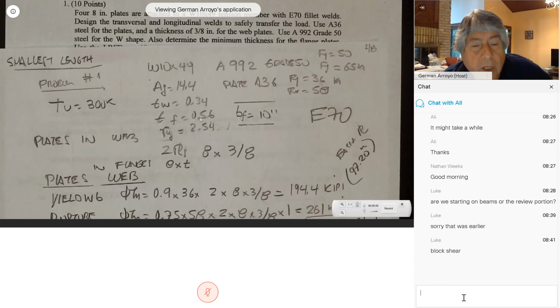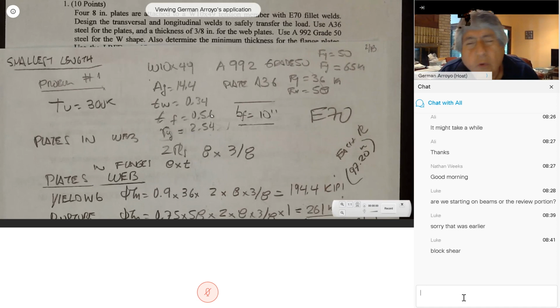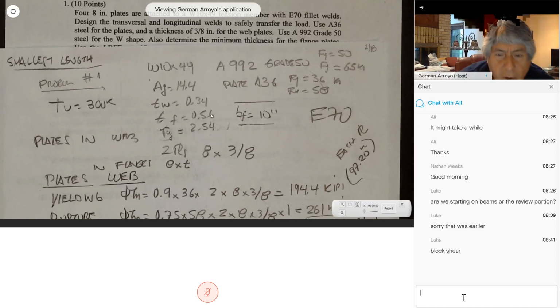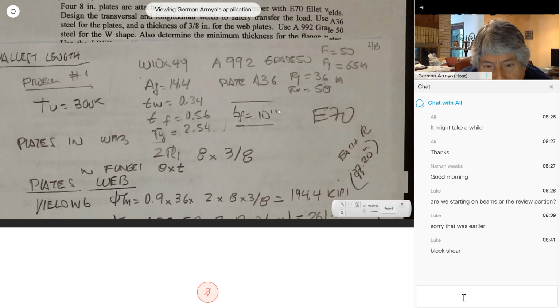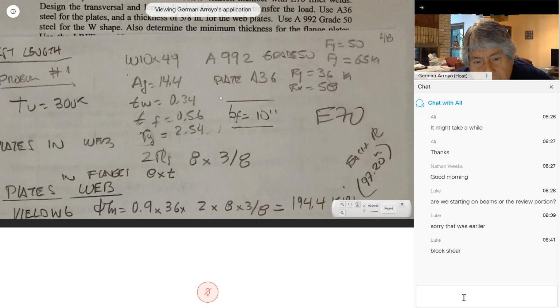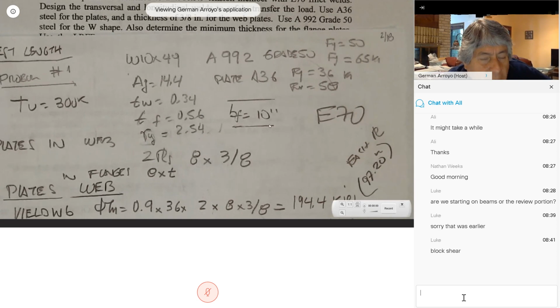I'm going to do the shear for the weld. For the weld, I'm going to find the capacity of the weld, the size that I decided. I'm going to check shear yielding and shear rupture. I'm going to do it not only for the shape, but also for the plate. And I need to know the width of the flange, because I already know that the width of the plate is 8 inches.